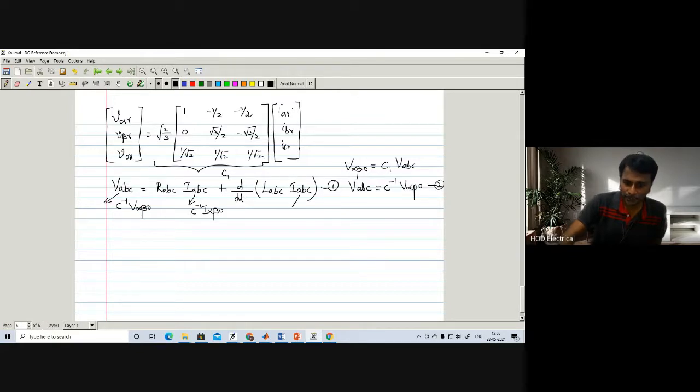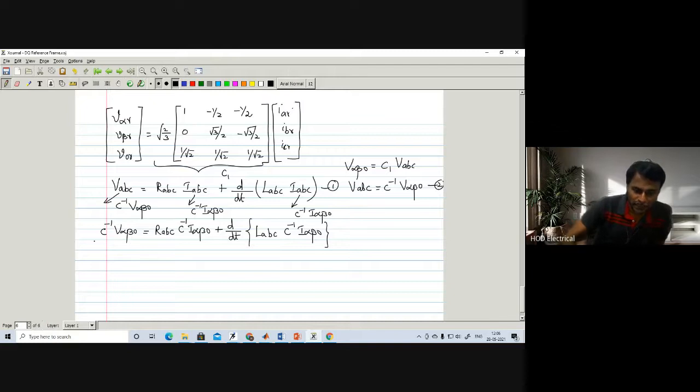Now we can substitute here: C inverse into V alpha beta naught equals RABC into C inverse into I alpha beta naught plus d by dt of LABC into C inverse into I alpha beta naught.